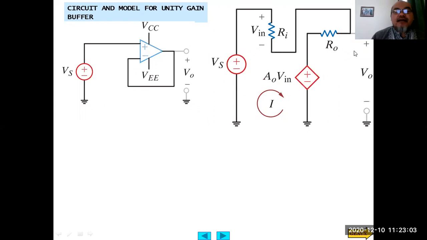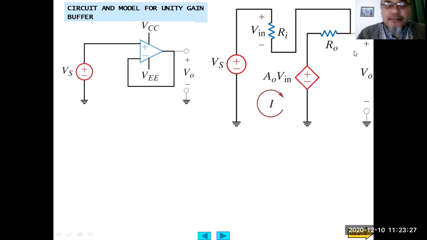Okay, so one type of application of the op-amp is as a unity gain buffer. What is a unity gain buffer? A unity gain buffer means an amplifier with amplification gain of 1. Basically, the signal is not amplified, just transferred. Why do we need a unity gain buffer?